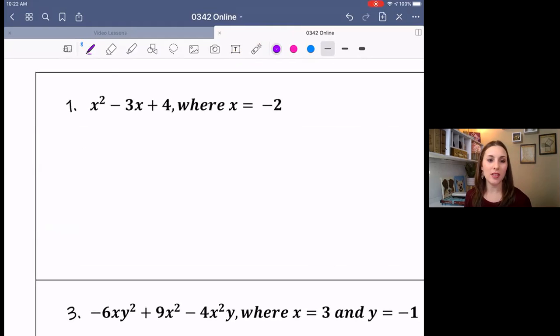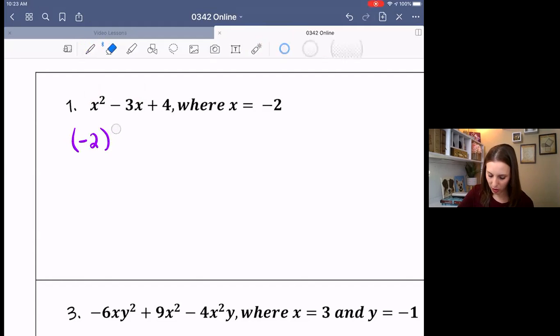First example I have is x squared minus 3x plus 4, where x equals -2. So this indicates that in place of x, I'm substituting -2. So everywhere there's an x, I'm taking x out and I'm substituting in -2. And a good habit for this is to put the -2 in parentheses wherever you substitute.